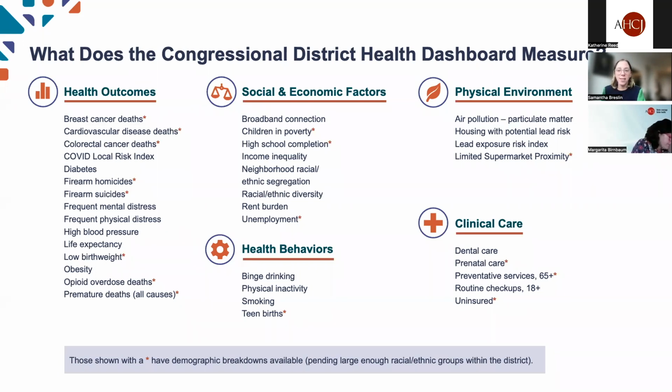We pull a lot from the American Community Survey, which comes from the US Census, the CDC, the EPA, the USDA. All of these sources are objective, they're nonpartisan, and all of the analysis is the most rigorous that you can get. We want to be able to stand behind the data and the information that we present, and we want our users to trust that the data they are seeing is accurate.